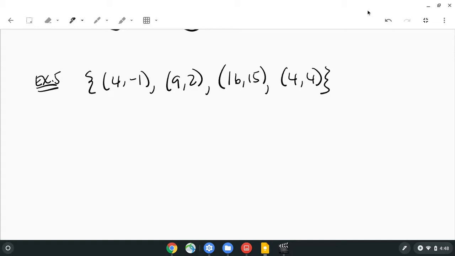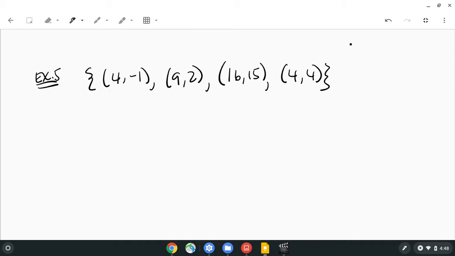We have this x value, 4, this x value, 9, this x value, 16, and this x value, 4. Okay, so is this a function? And try to figure out, if no, why not? Okay, so you should have said not a function.